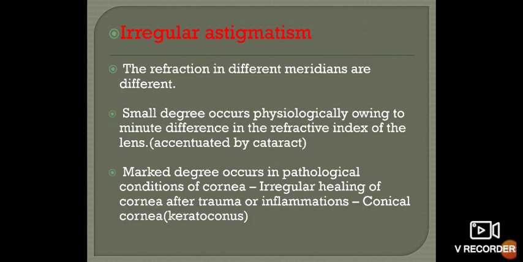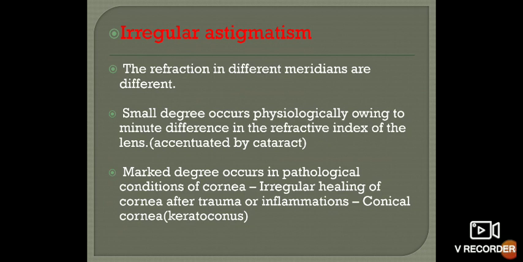Next is irregular astigmatism. Irregular astigmatism is commonly seen after scarring of the cornea, due to ulceration or trauma. Here, different meridians have different power. The small degree occurs physiologically owing to minute difference in the refractive index of the lens.